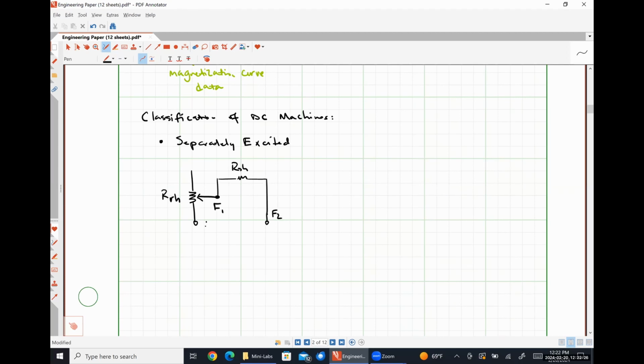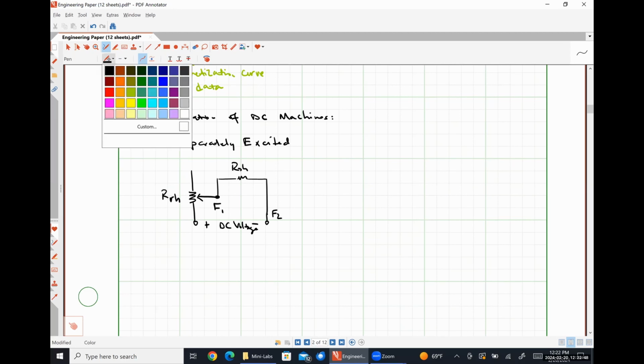And effectively, we apply our DC voltage between these two terminals for our stator. So this is the shunt field winding.